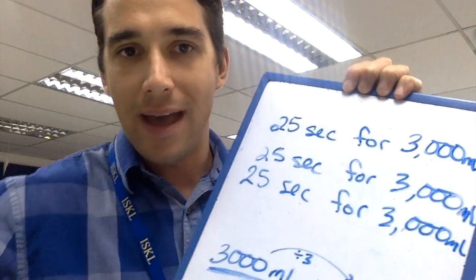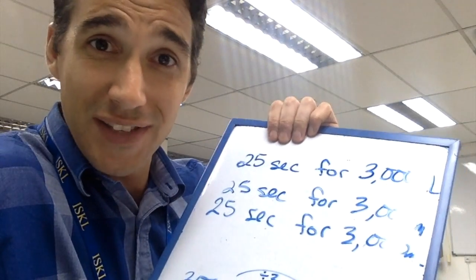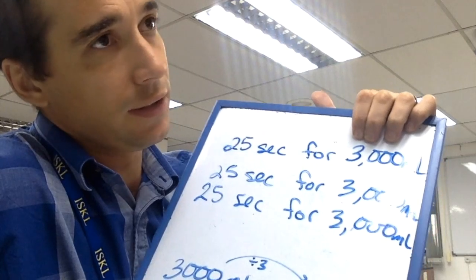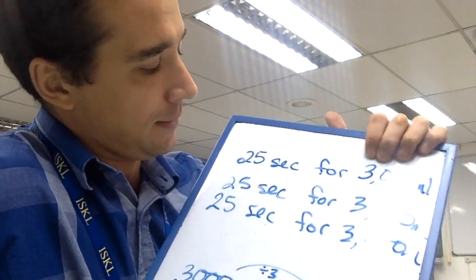With a little more math, now I know it took 25 seconds to walk from the sink and pour 3,000 milliliters of water into the tank.